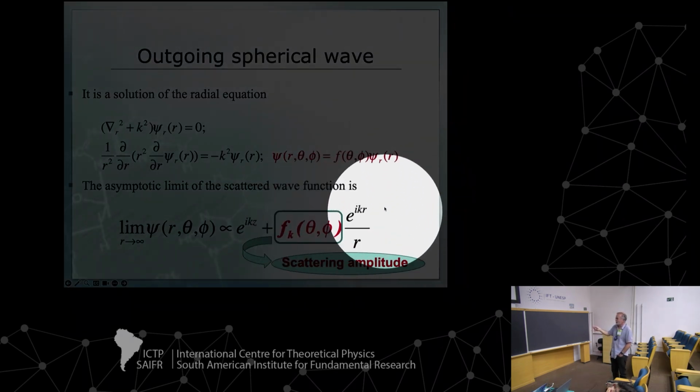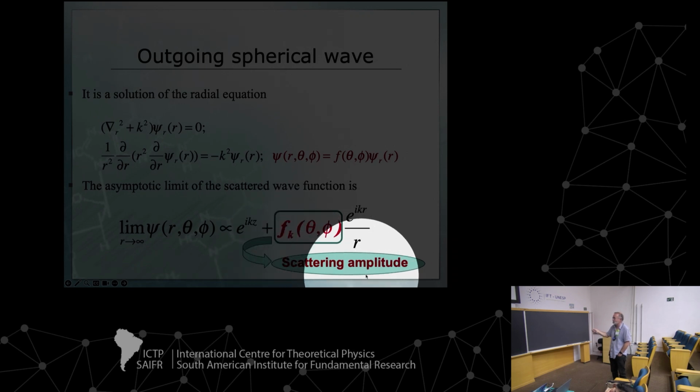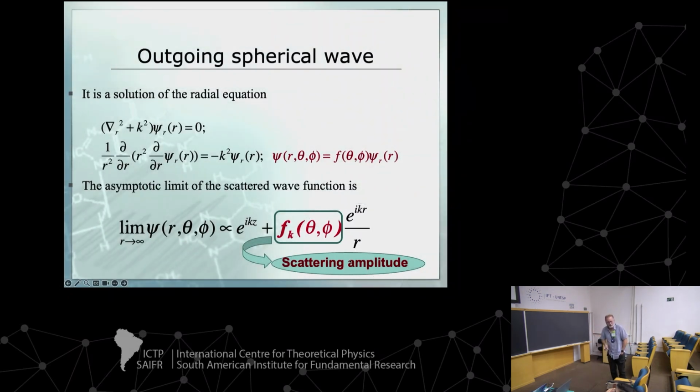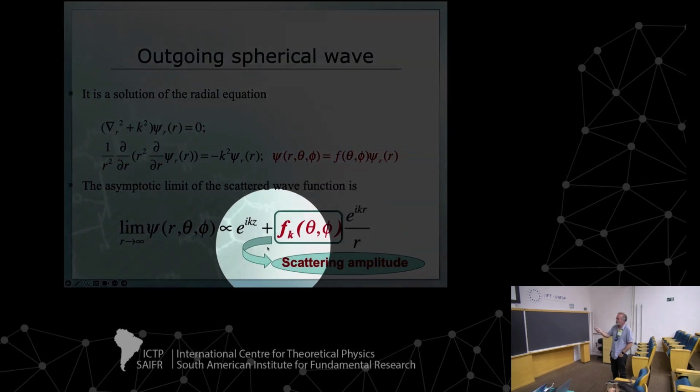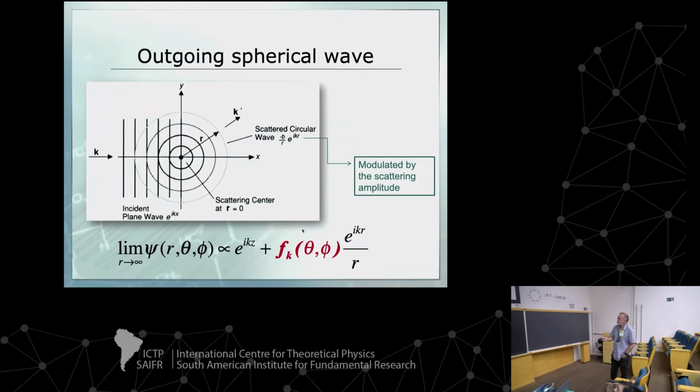This term is the spherical wave, and the prefactor is what is called the scattering amplitude. This term is what will give you information concerning the structure when you think about a sample. It depends on the angles, and it depends on the wave vector, right? Again, nothing new, just using the Schrödinger equation.